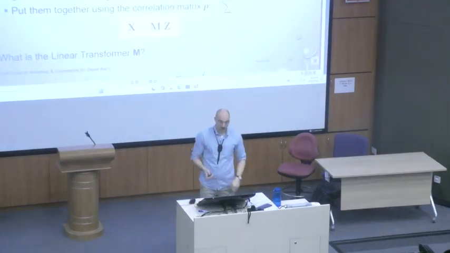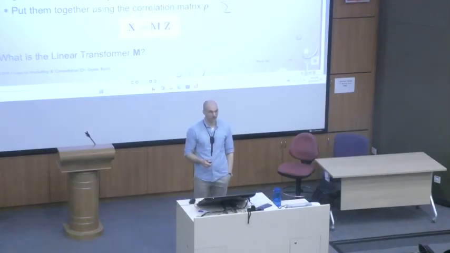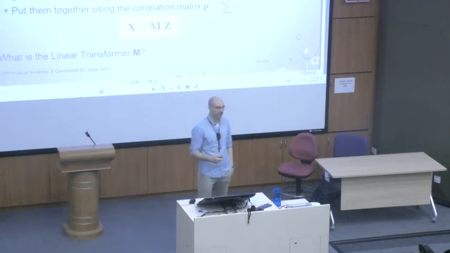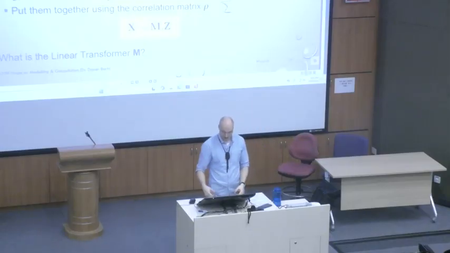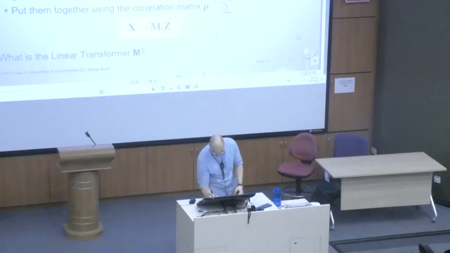So how do you generate those data? By generating independent Gaussian data. Z is a vector, Z1, Z2, all the way to ZD.